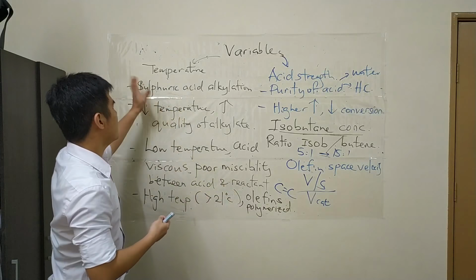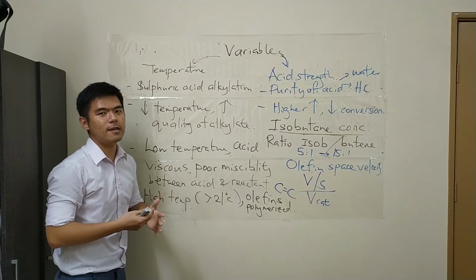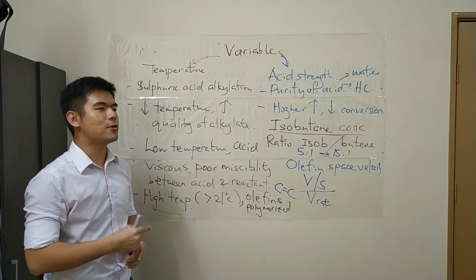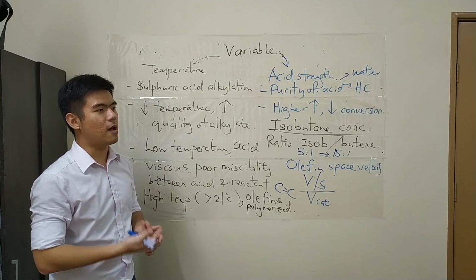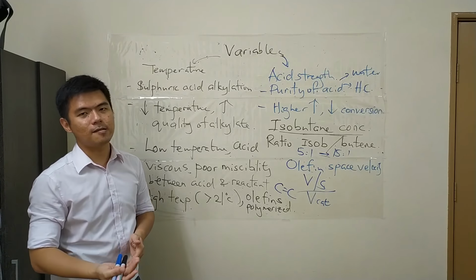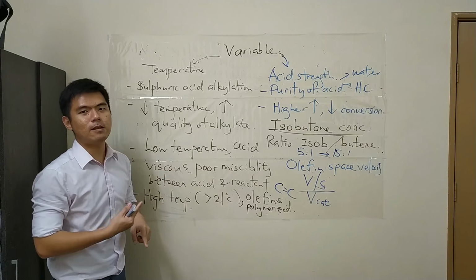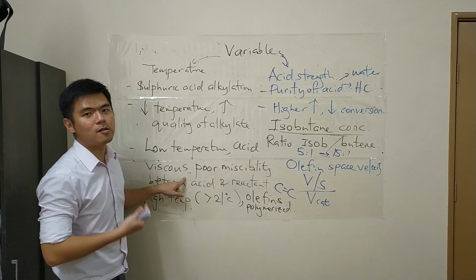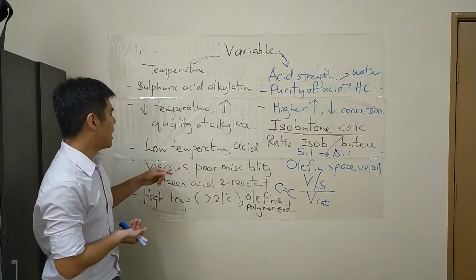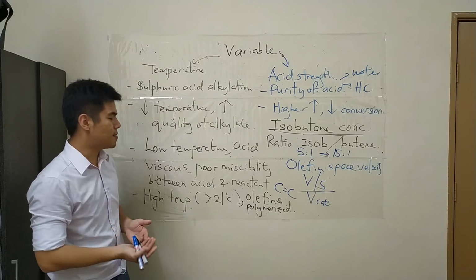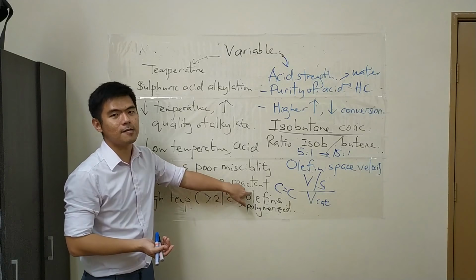So here, the effect of temperature is very easy. Basically, a lower temperature will favor production of higher octane number gasoline product. But if the temperature is too low, the acid itself will become too viscous, and then the acid will mix poorly with our reactants.